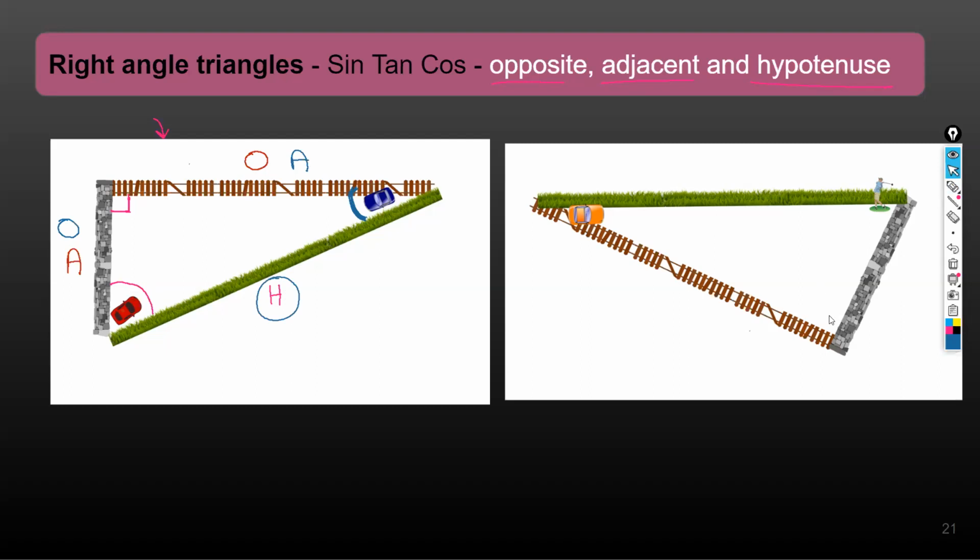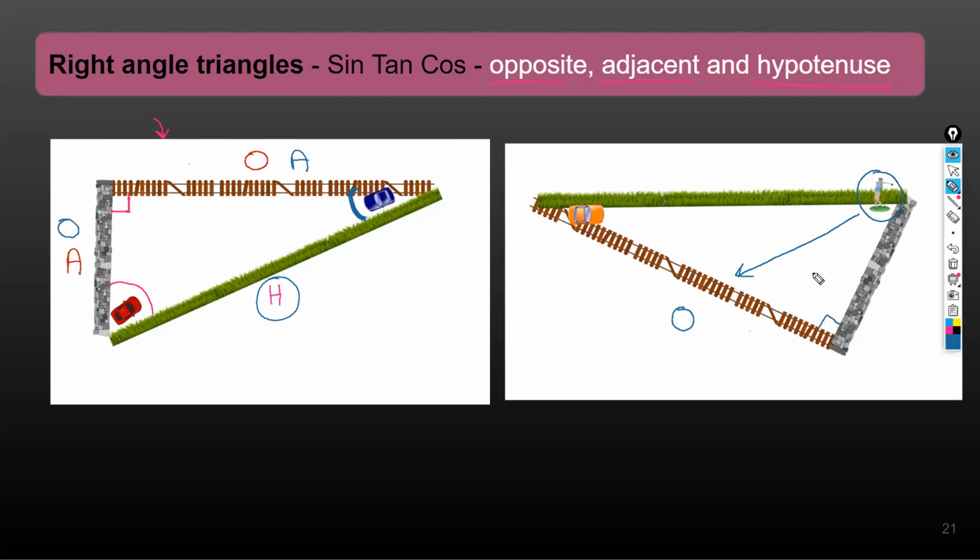So let's quickly do another one here, right? In the second triangle, you would see that here is your right angle. The person who is playing golf, who is the opposite side now? For the person who is playing golf, the opposite side. Right, and I see nobody fell for the trick, right? I thought somebody was going to say the grass, but remember, the side opposite him is the fence.